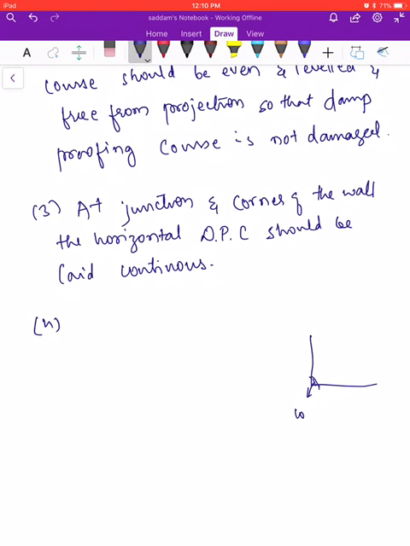Before applying the damp proofing we have to provide a concrete fillet.